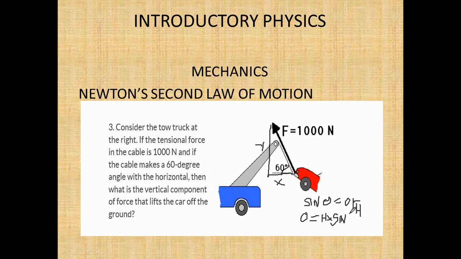So sine of 60 degrees. Okay, sine of 60 degrees. So we said that the hypotenuse is 1,000. The sine of 60 degrees.